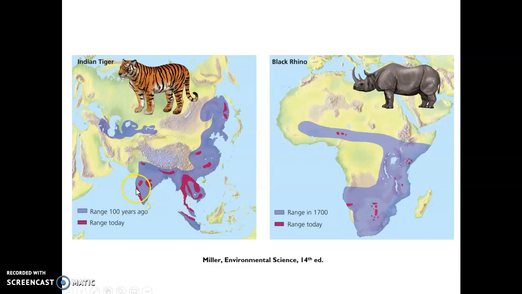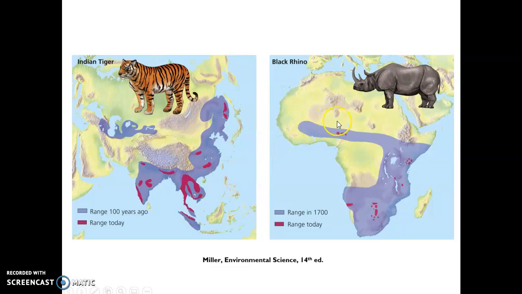So not only are you going to have a smaller range for looking for food sources, you're going to have a much smaller range looking for mates. And that's going to lead to inbreeding depression and offspring that are either less capable of surviving or aren't even produced in the first place.